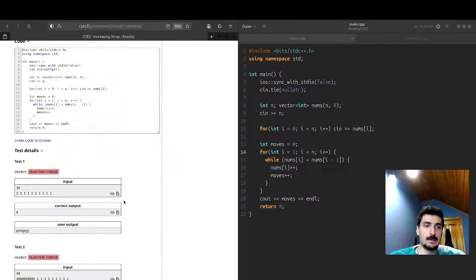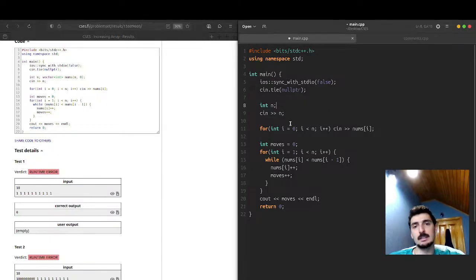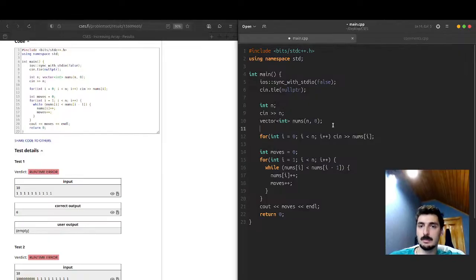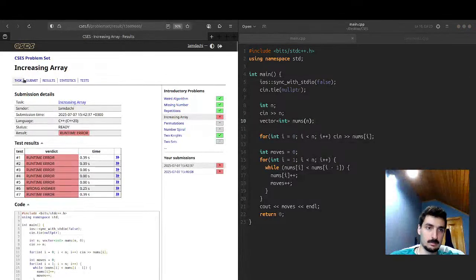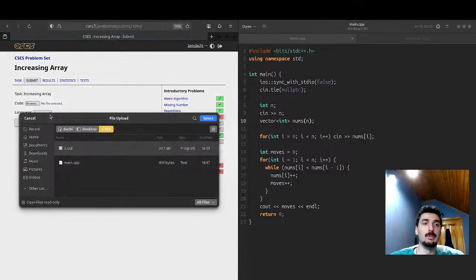Yeah, I don't get why this is a runtime error. I really don't get this. Oh, I see. Obviously, this is a very bad problem. n was initialized here, so it was just silly for me to do that. It was an extra newbie mistake.